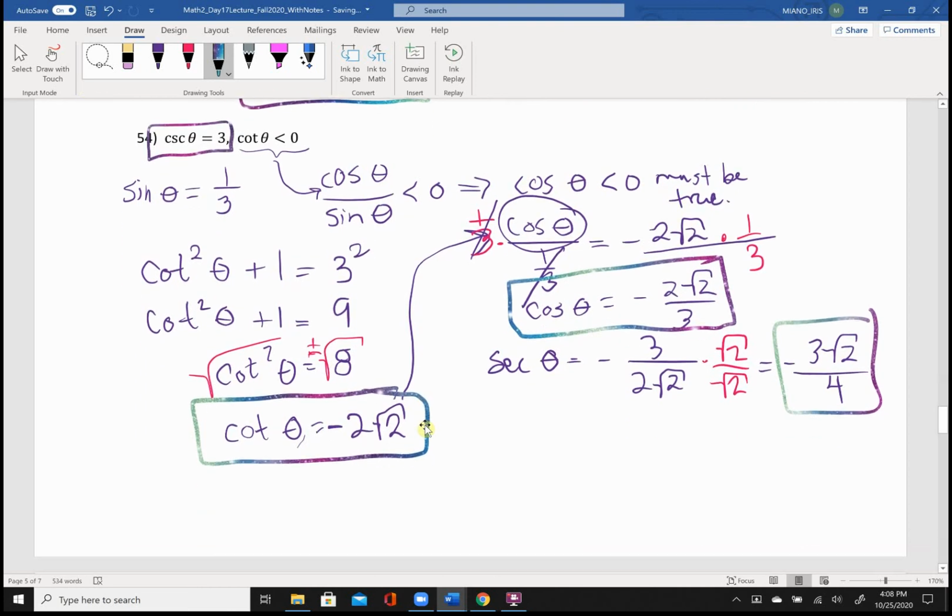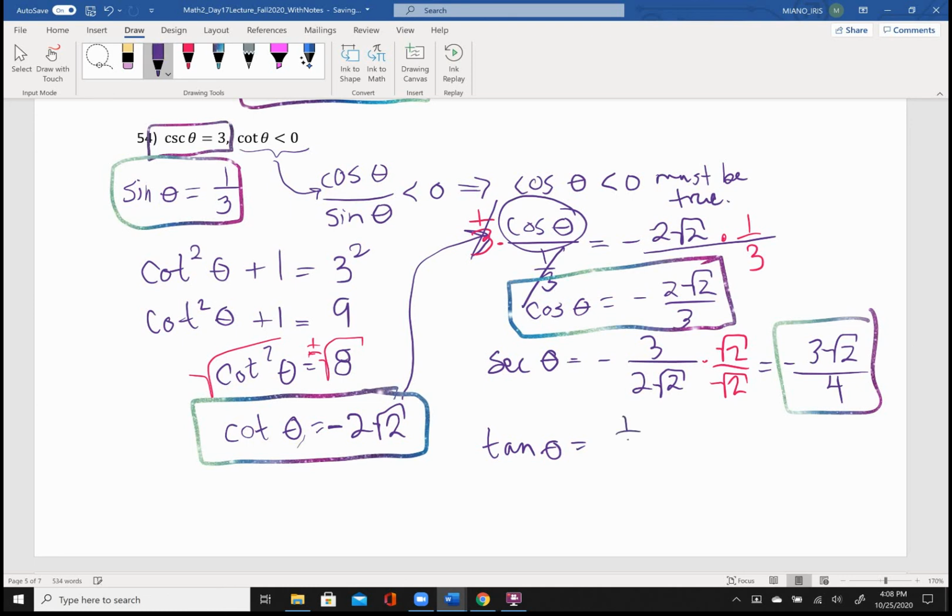Okay, so what do we have? Cosecant, sine, cotangent, cosine, secant. We need the tangent. So tangent theta is sine over cosine.